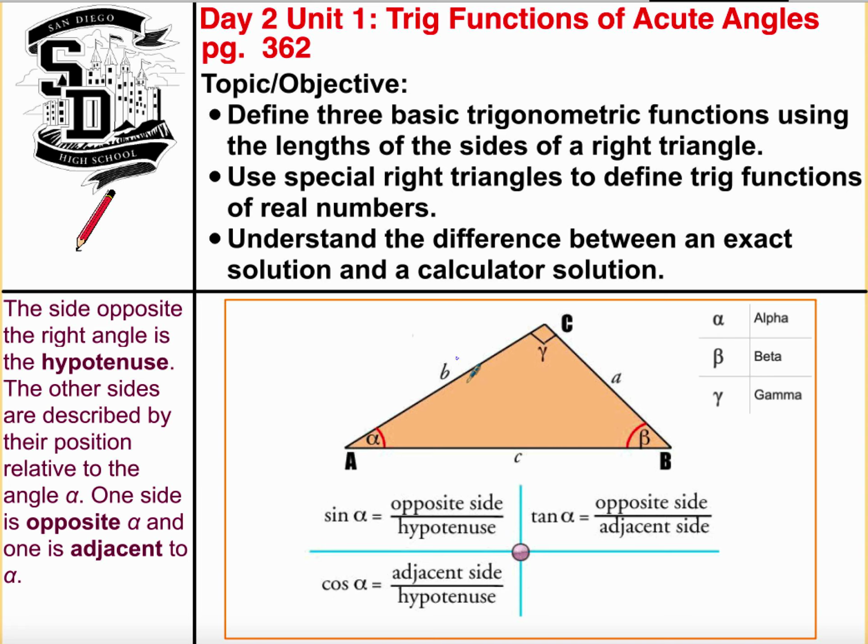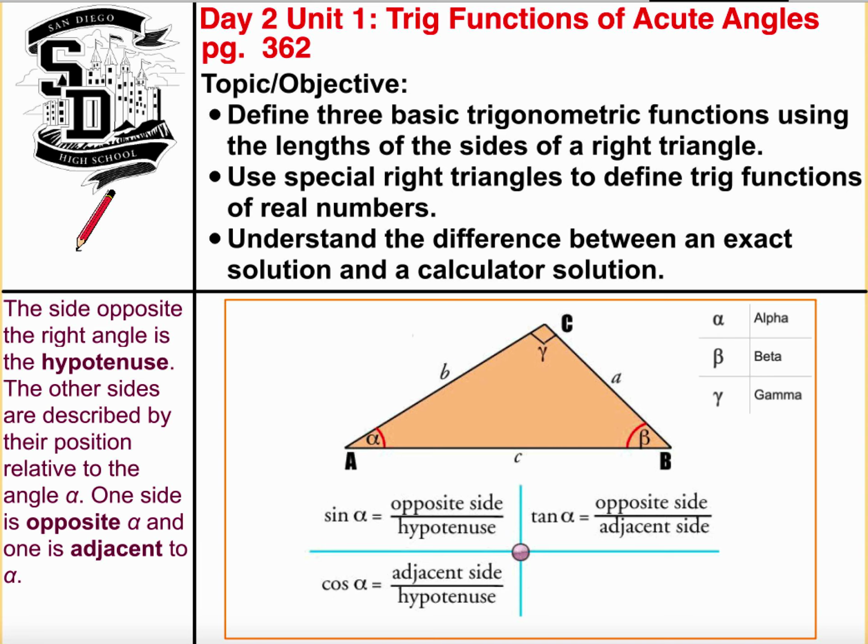So remember, our adjacent side was B, and the hypotenuse side, C. So it's your adjacent divided by the hypotenuse. Finally, the third basic trig function is called tangent. And tangent of alpha is the ratio that compares the opposite side to the adjacent side. So this would be A divided by B. And these are our three basic trig functions.